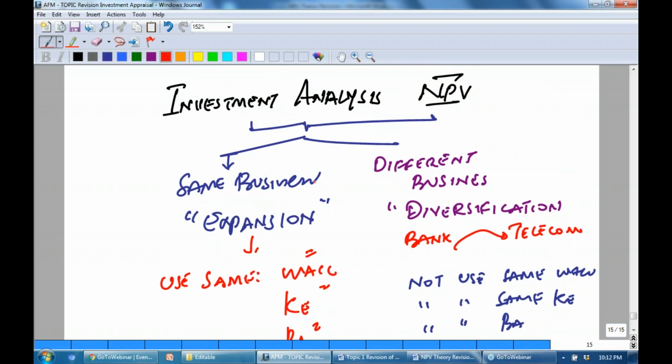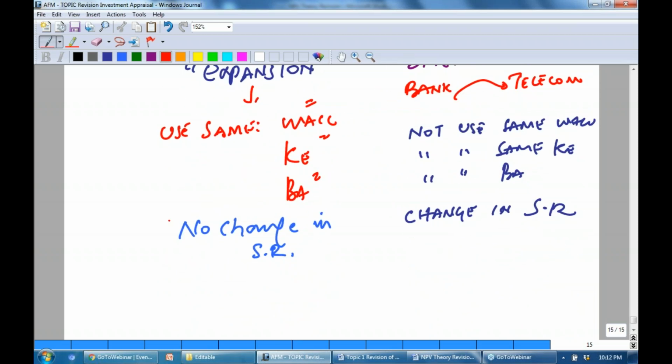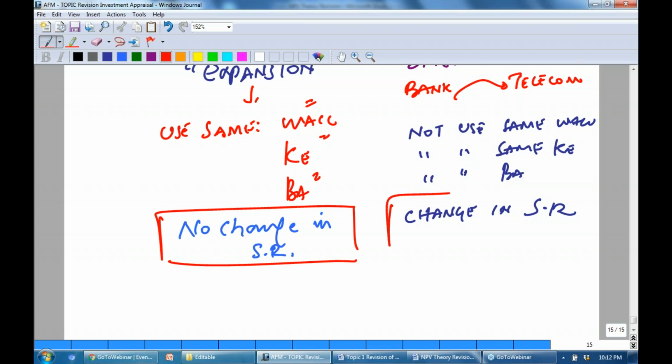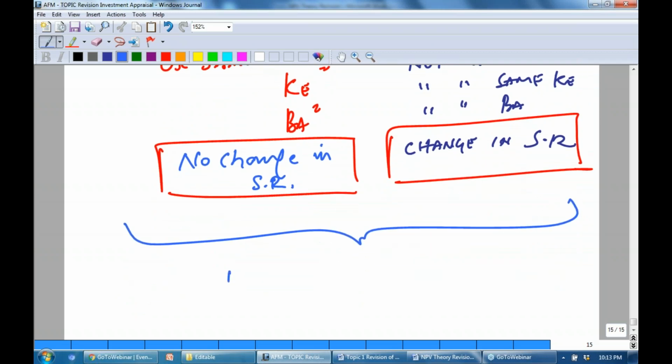Either the investment is an expansion or a diversification, meaning no change in systematic risk or change in systematic risk, but in any of the cases, no change in financial risk.